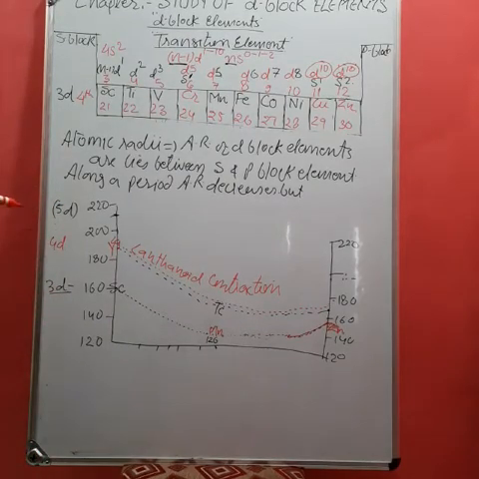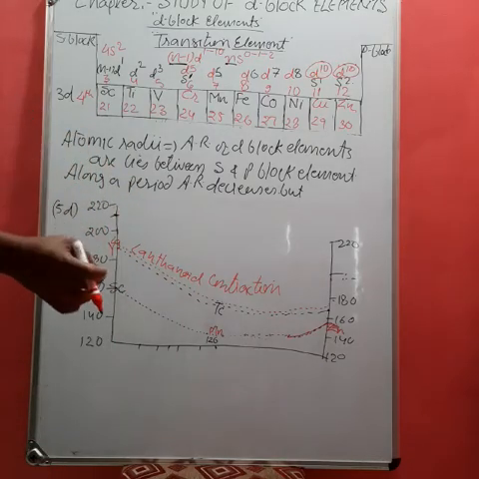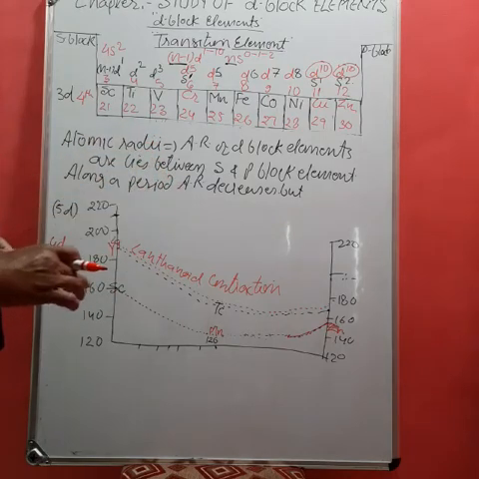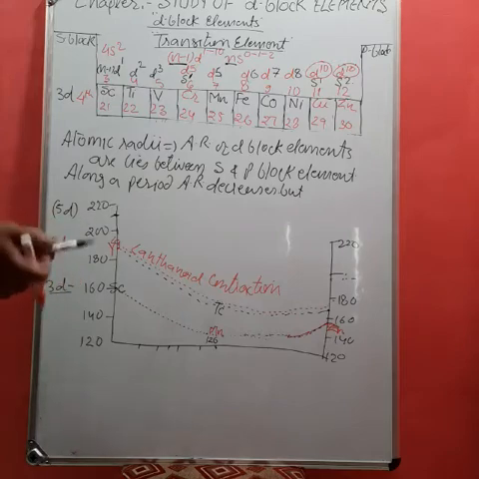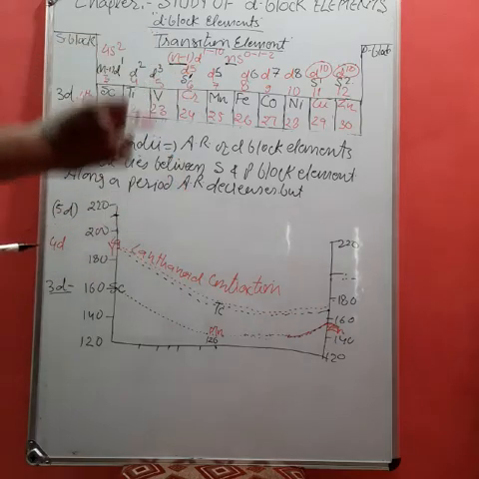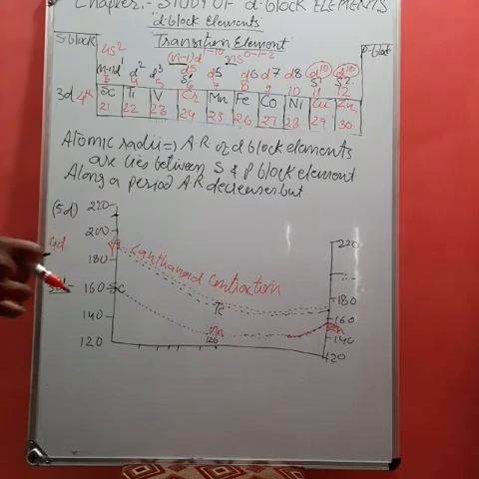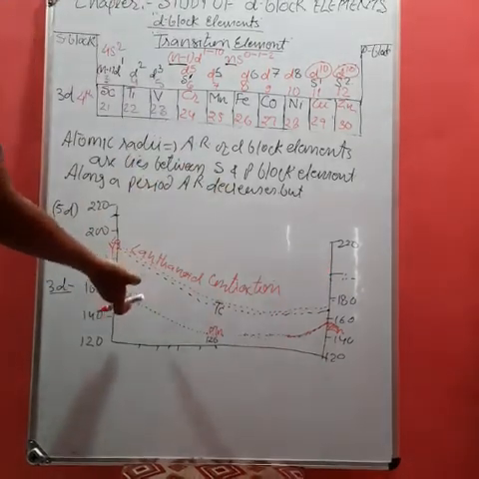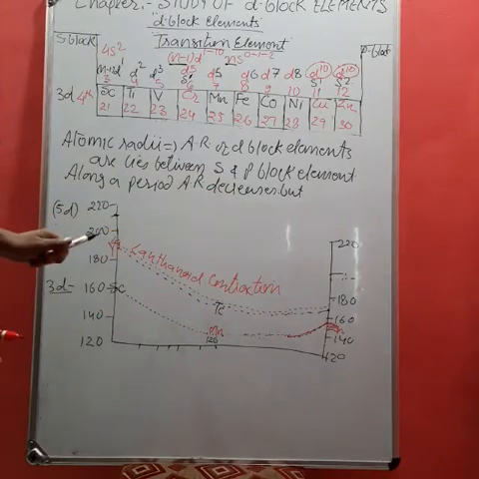Student, moreover, with the help of this graph, we do not have to learn the atomic radii of every element, but we have to compare the atomic radii and only observe the trend, how it runs along a period and how it goes down the group. Down the group, atomic size increases.